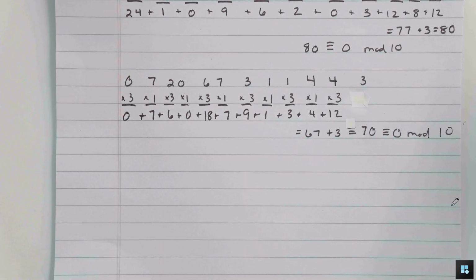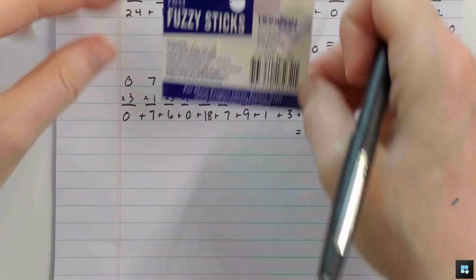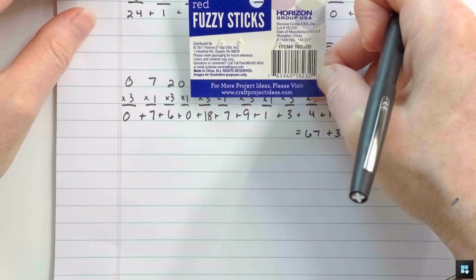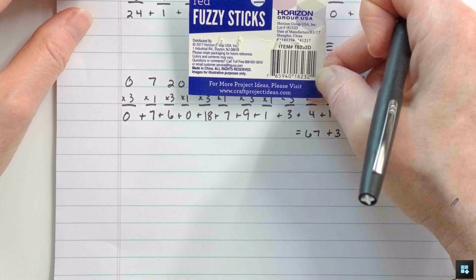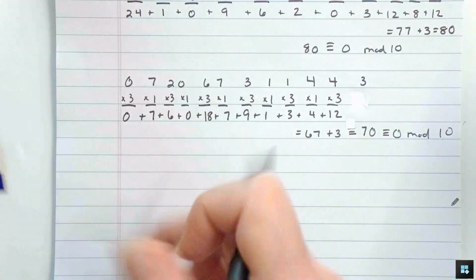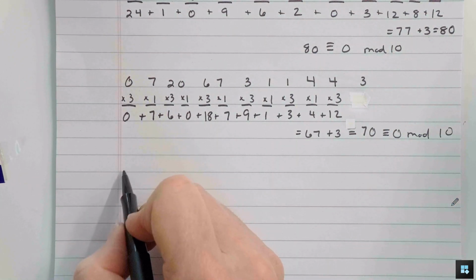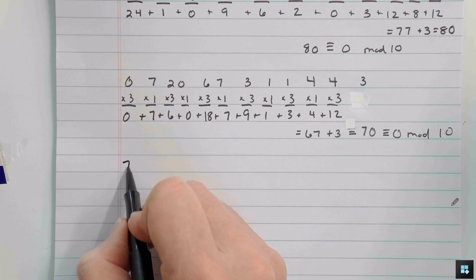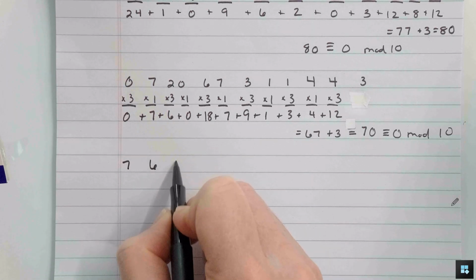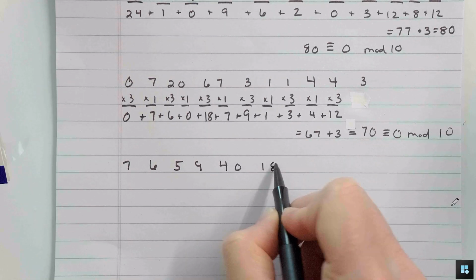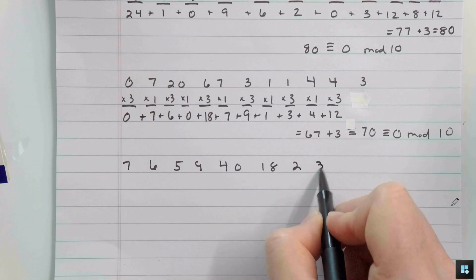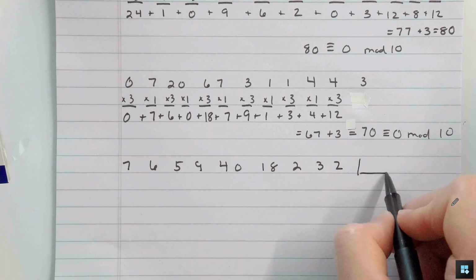So this time I won't tell you the check digit. This is a UPC code from my chenille sticks, fuzzy sticks from the kit that you purchased. I bought mine in parts. Okay, so here we go. 7, 6, 5, 9, 4, 0, 1, 8, 2, 3, 2, and then find this.